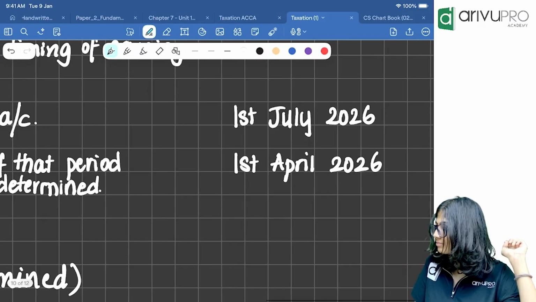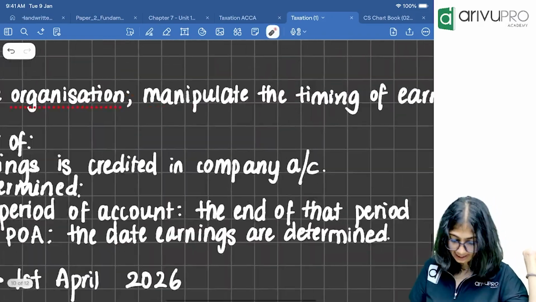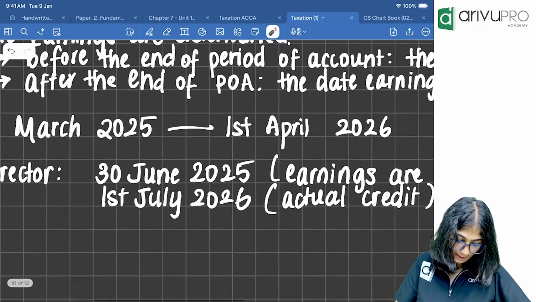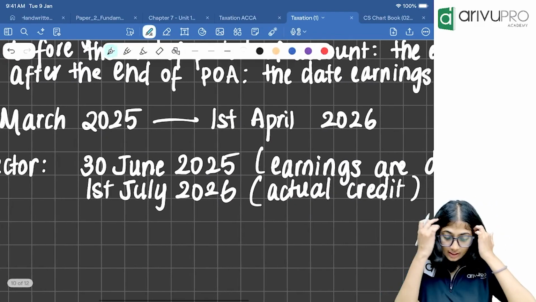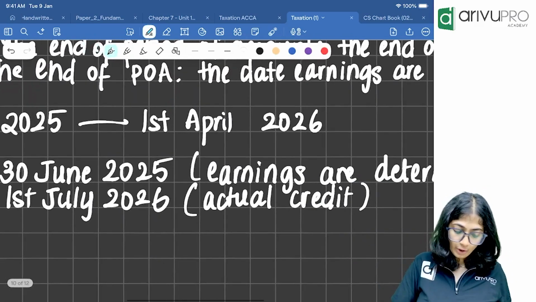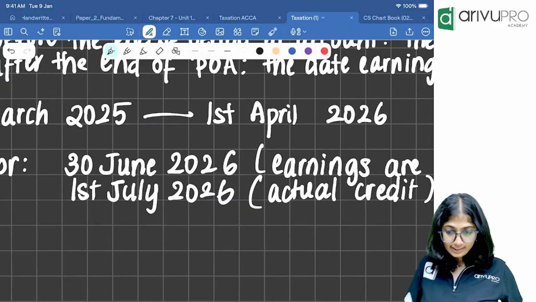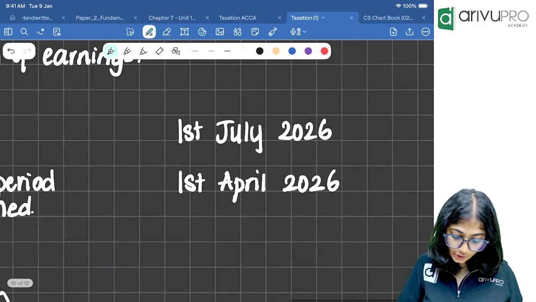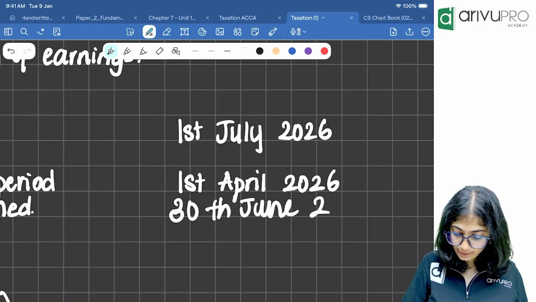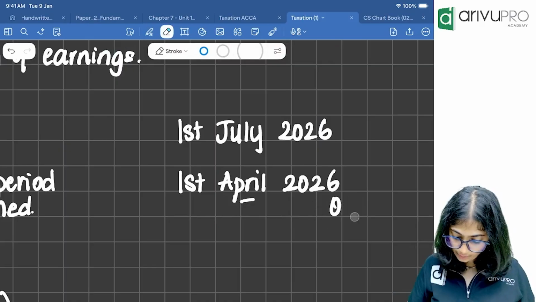Cool? Now, if it's after the end of the period of account, that's not the case, then the actual date the earnings are determined. For example, if the date where earnings are determined was 30th June 2026, then you have to enter 30th June 2026. Alright, so that's how you're supposed to do.